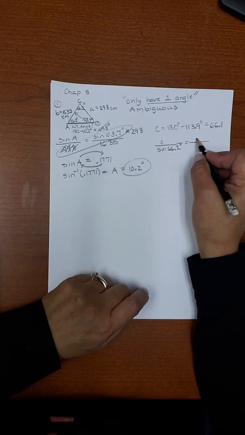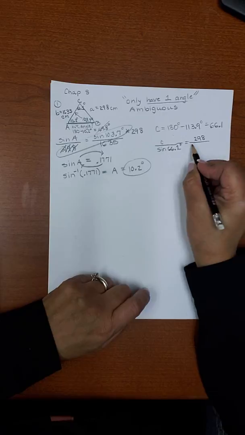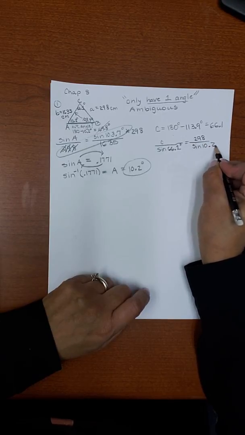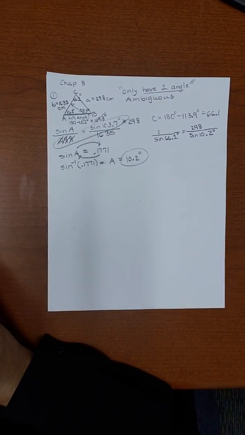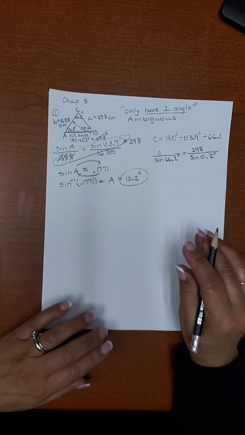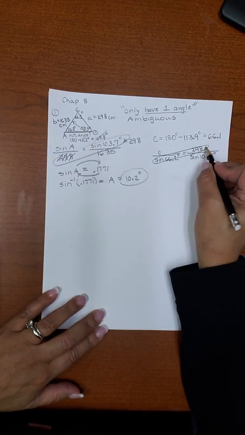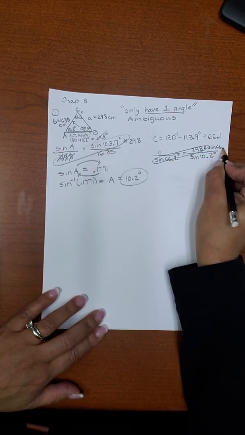So I'm going to use the A pair, which has side A 298 and across from it an angle of 10.2 degrees. Okay, isolate the unknown, which means you're going to have to swing the sine of 66.1 right up into the numerator.